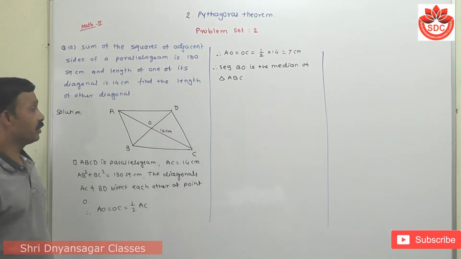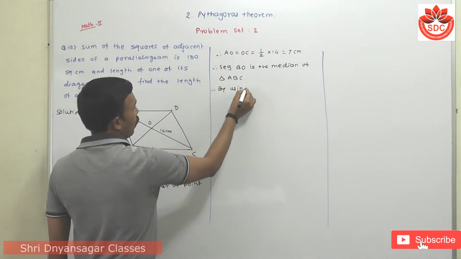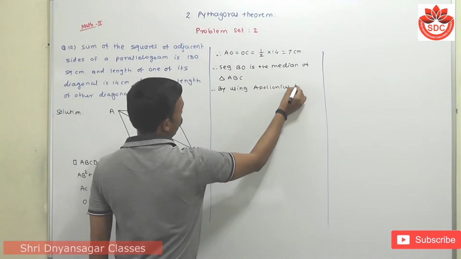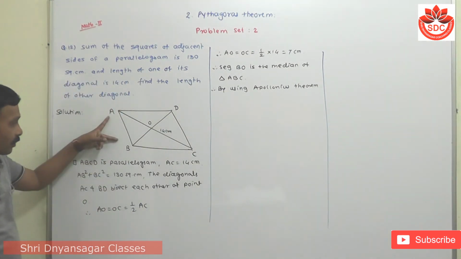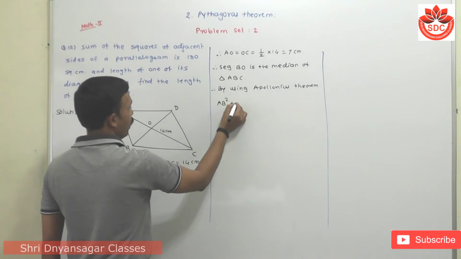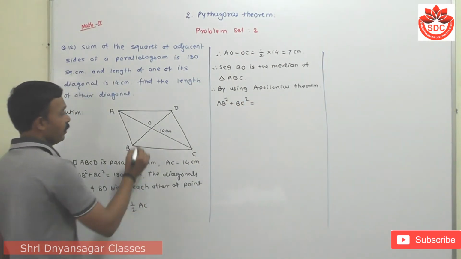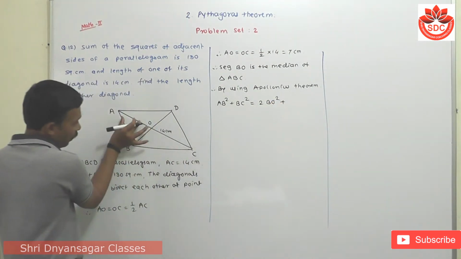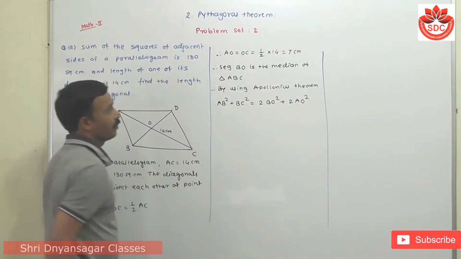Therefore, by using Apollonius theorem, this theorem is that AB² + BC² = twice its median square plus any one of these parts, meaning twice AO².